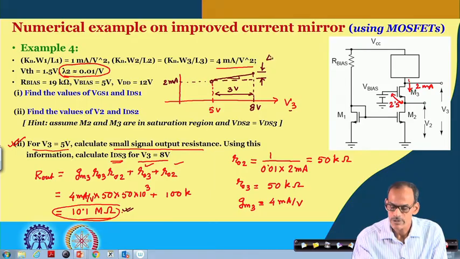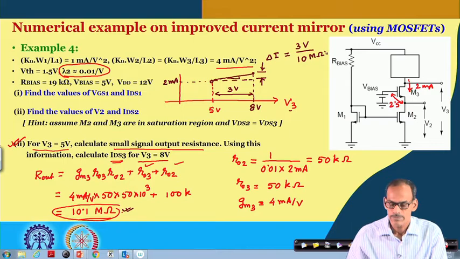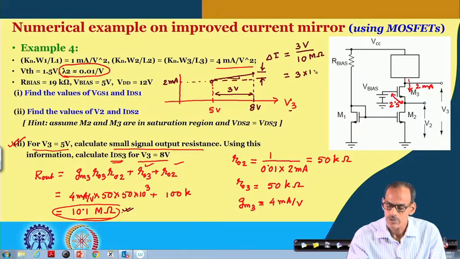So, you may call this delta of this current. So, delta of this current will be 3 volt divided by whatever, 10 mega ohms. So, this is equal to 3 into 10 to the power minus 7 ampere.